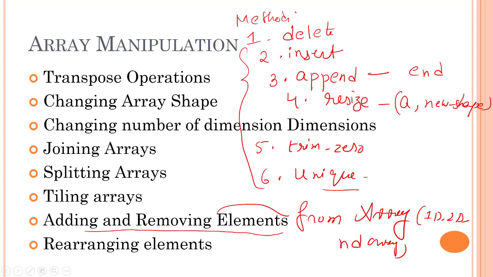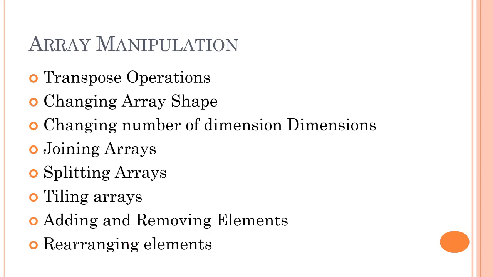Let's move to the next one, rearranging elements. Rearranging elements is basically used to give a new arrangement or new values to the array. Suppose the size is 2 and you want to rearrange it to 3; we use the concept called rearranging elements. It also follows some methods. The first one is flip.